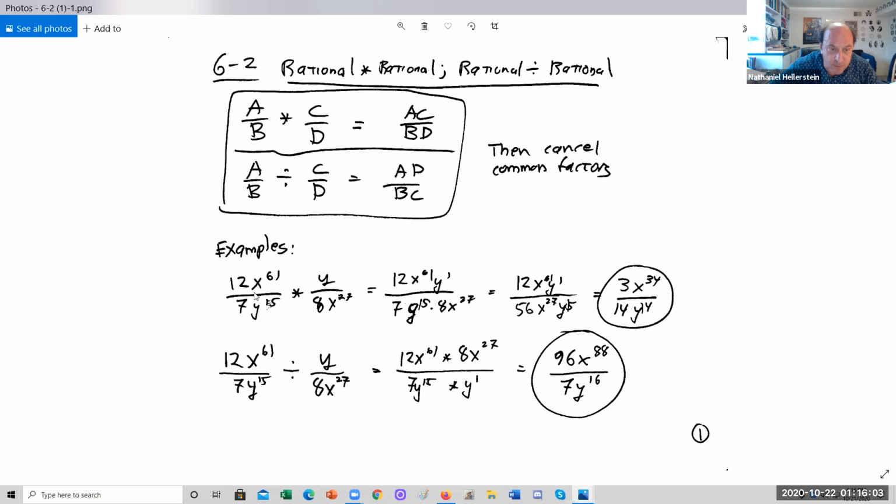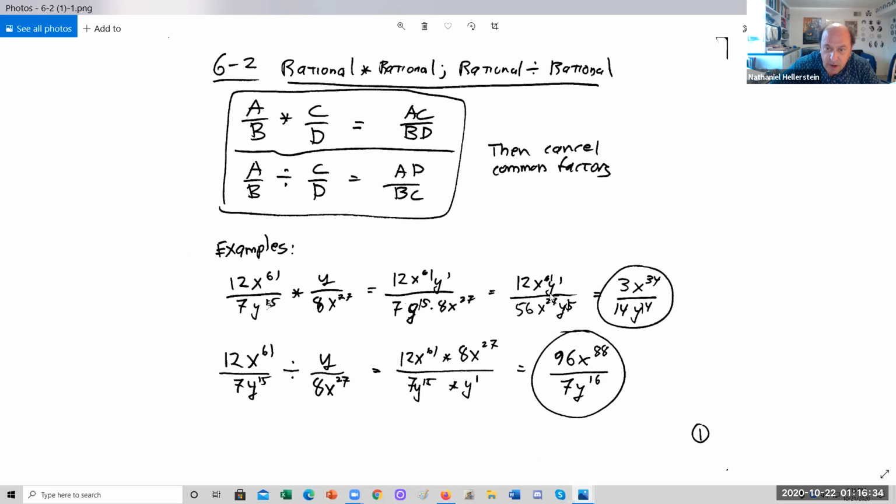So for example, 12x to the 61 over 7y to the 15 times y over 8x to the 27. You multiply across: 12x to the 61 times y to the first over 7y to the 15th times 8x to the 27th. 7 times 8 is 56, so 12 over 56, x to the 61, y to the 1, x to the 27, y to the 15.